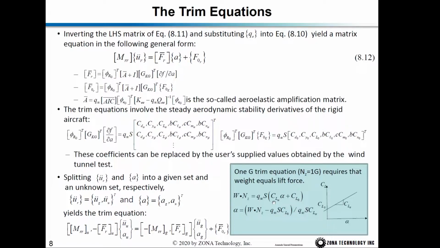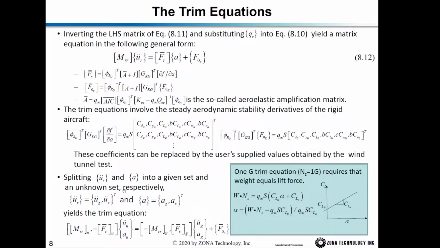Say if we want to achieve 1G cruise of the aircraft, then we can solve the angle of attack. Under this angle of attack, the aircraft can create lift which equals the weight of the aircraft.